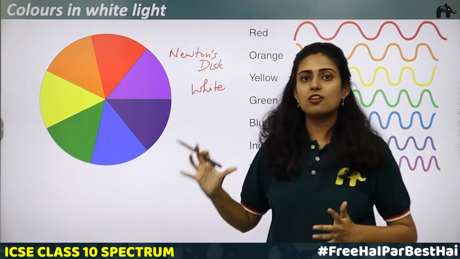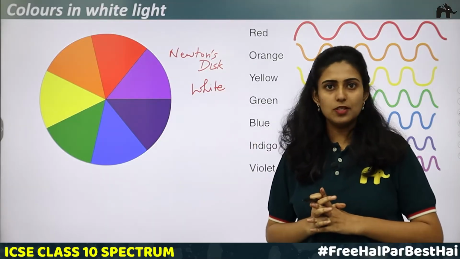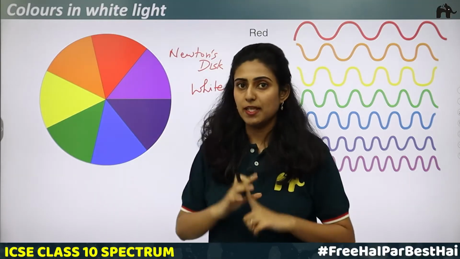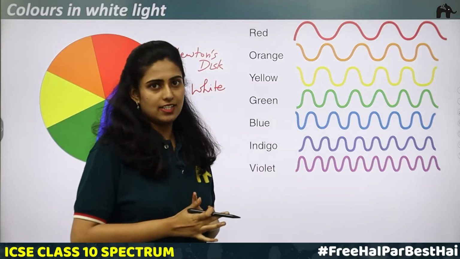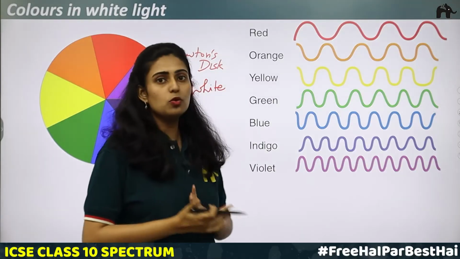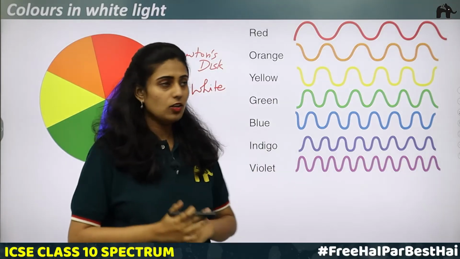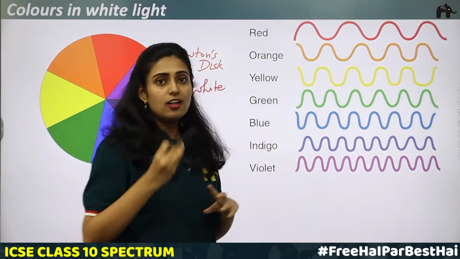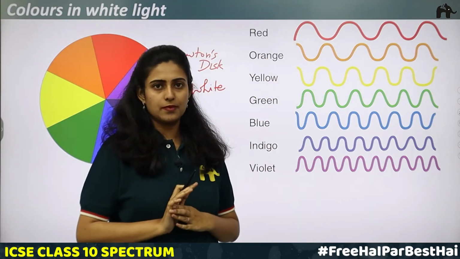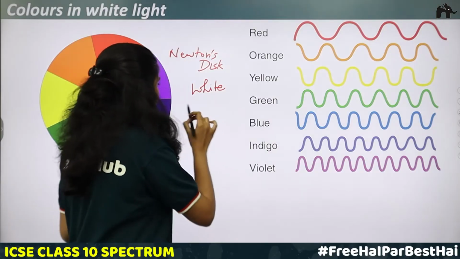These 7 colors together constitute white light. That's why when a white light splits, you will be getting 7 different colors: violet, indigo, blue, green, yellow, orange, red. The wavelength of all these colors will be different.